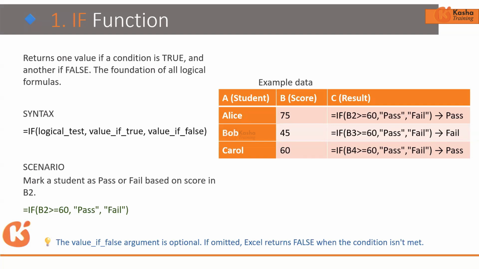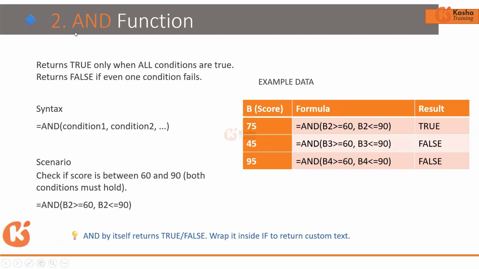Now let's see another function. Another function is the AND function. What AND does is return true only when all conditions are true. When all conditions are met, it will return true, and if any one condition fails, it will return false. So the syntax is AND, condition one, condition two.